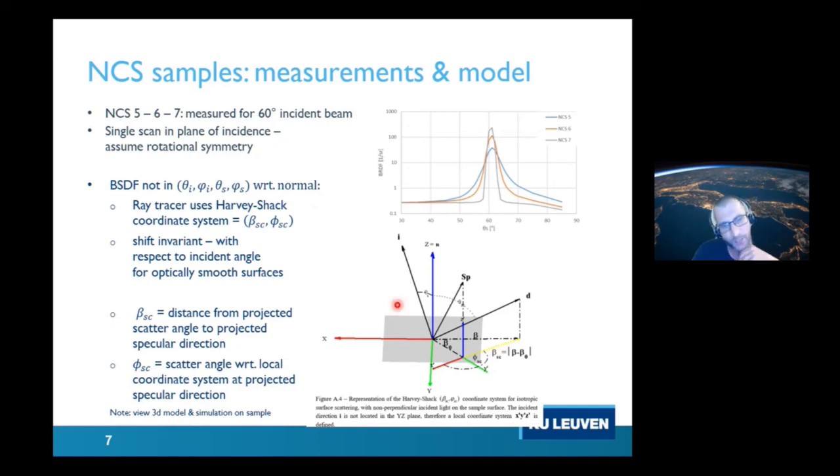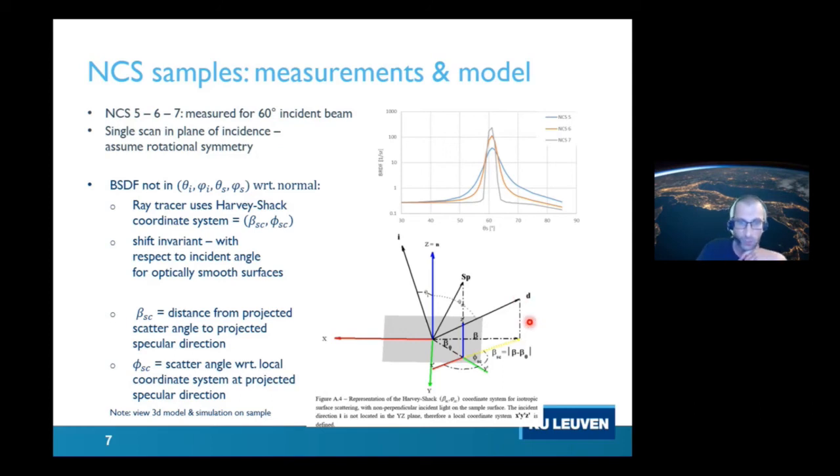It's a bit complicated, but basically you have your incident beam, you have your specular direction, depending on the incident angle, of course, and then you have a scatter direction, which is this vector D. If you project this vector onto your sample surface, and your specular direction vector also on your sample surface, then you have this distance between this local coordinate origin and this point of your projected scatter vector.